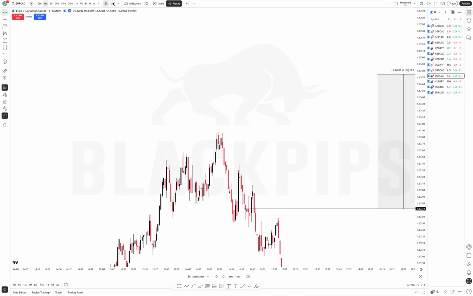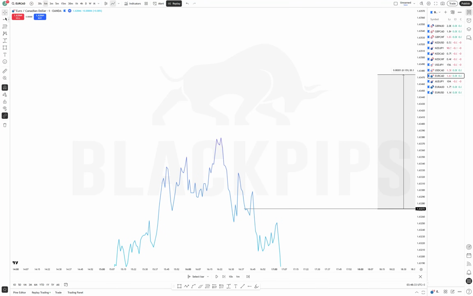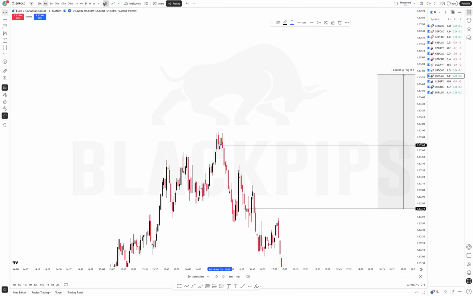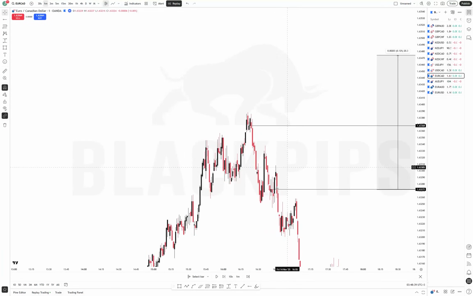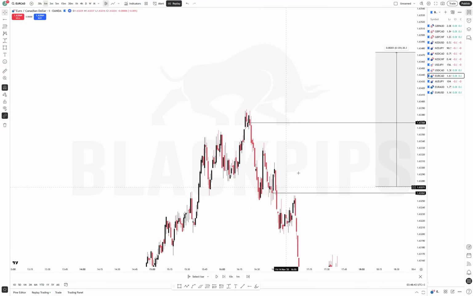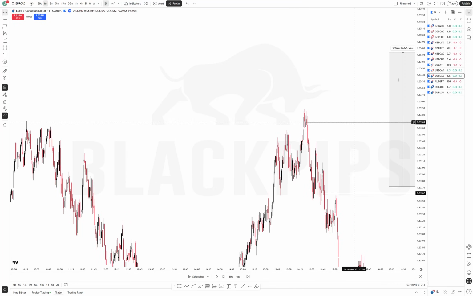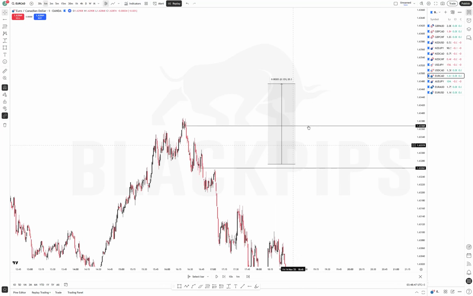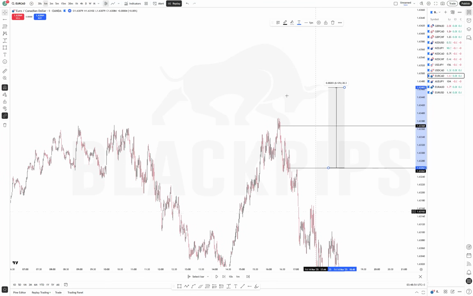This is the liquidity engineering. As you can see, the price already broke this high here. That was just the liquidity engineering, but still we have this as our main inside formation. So we can take the entries from that point there.